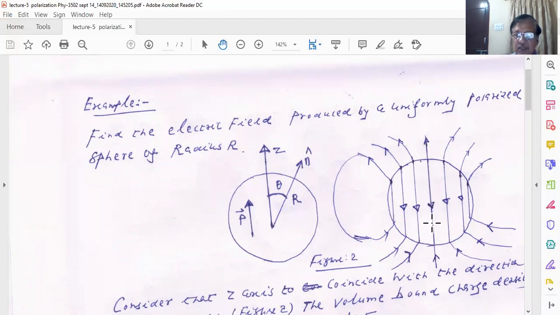I have mentioned the direction of the electric field because of the polarization: it is along the negative z direction and the field is uniform. Outside the sphere, the field is similar to the field of a dipole.